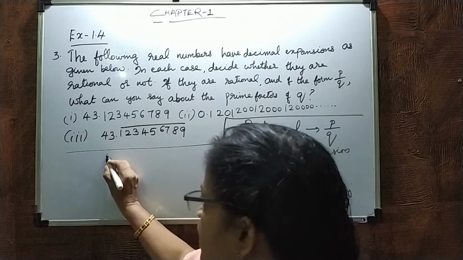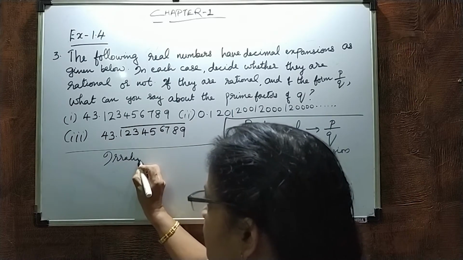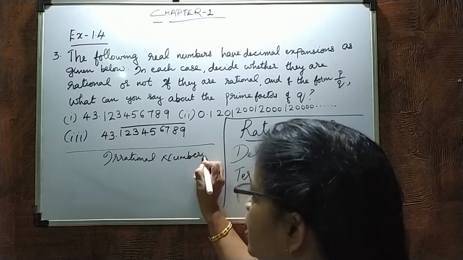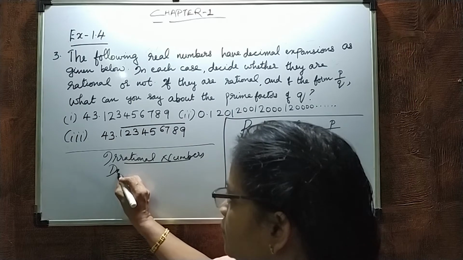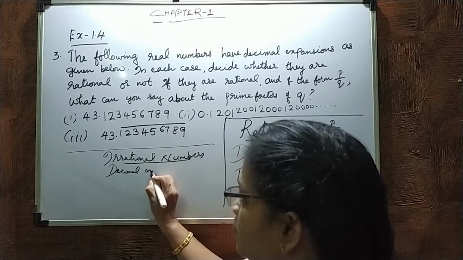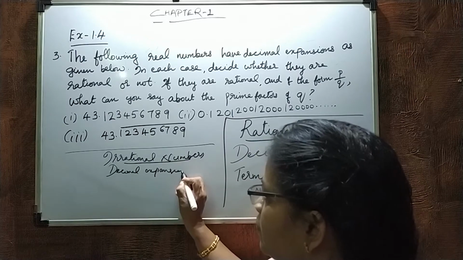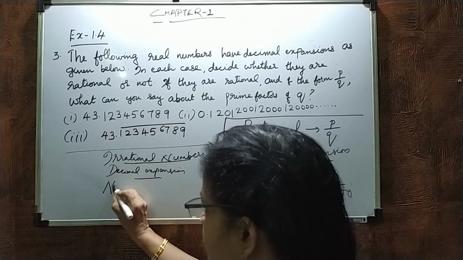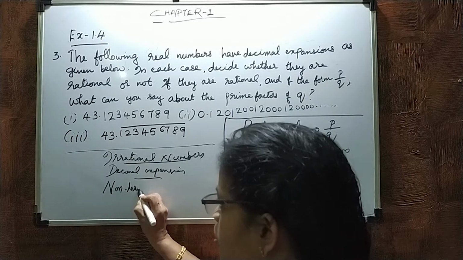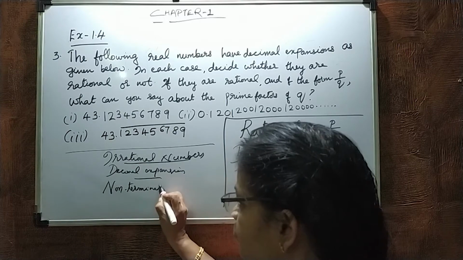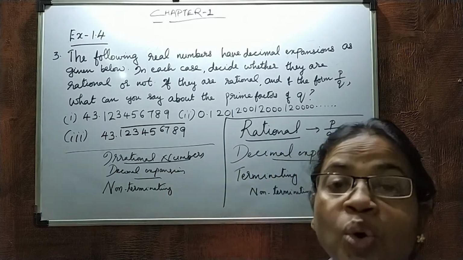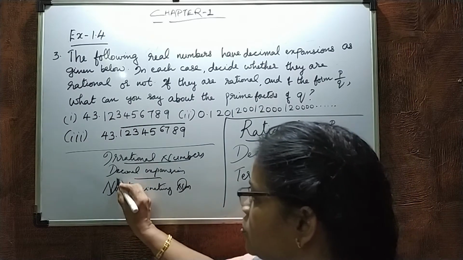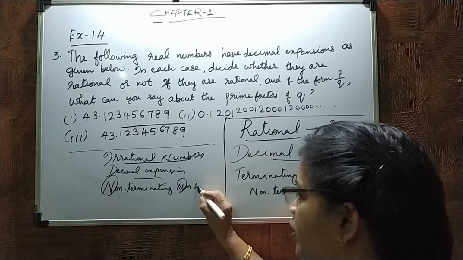The decimal expansion of irrational numbers will be non-terminating, non-recurring, or non-repeating.